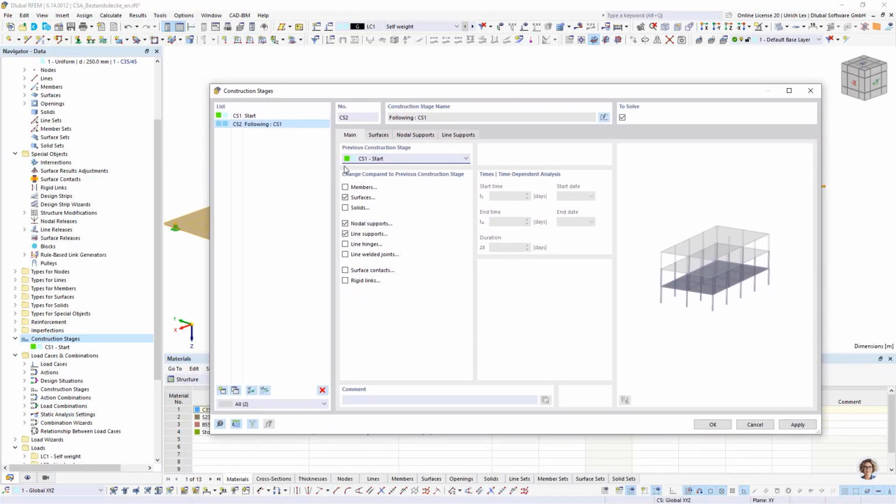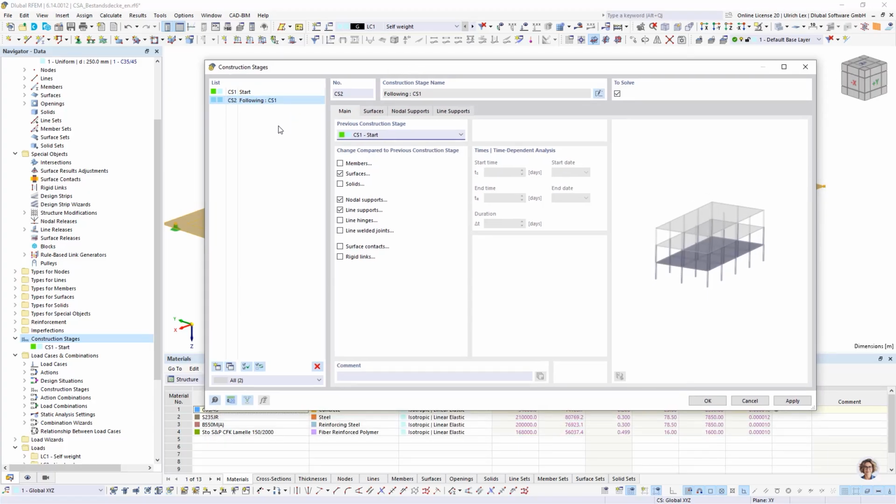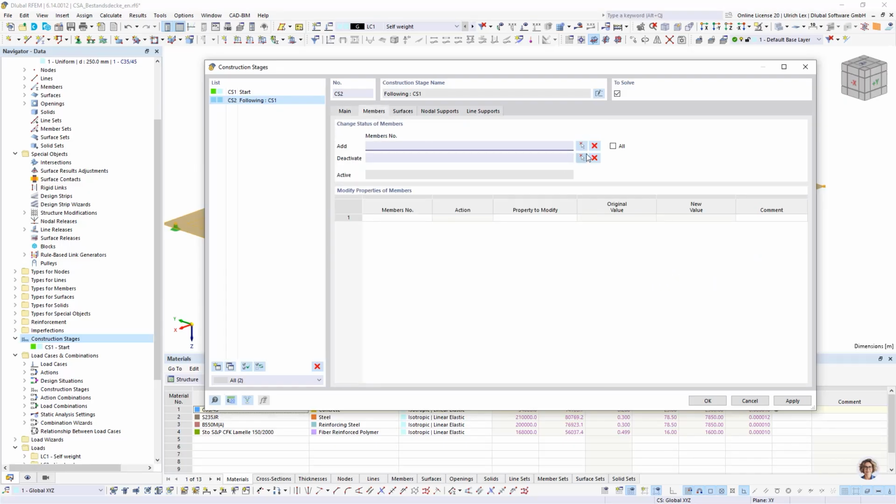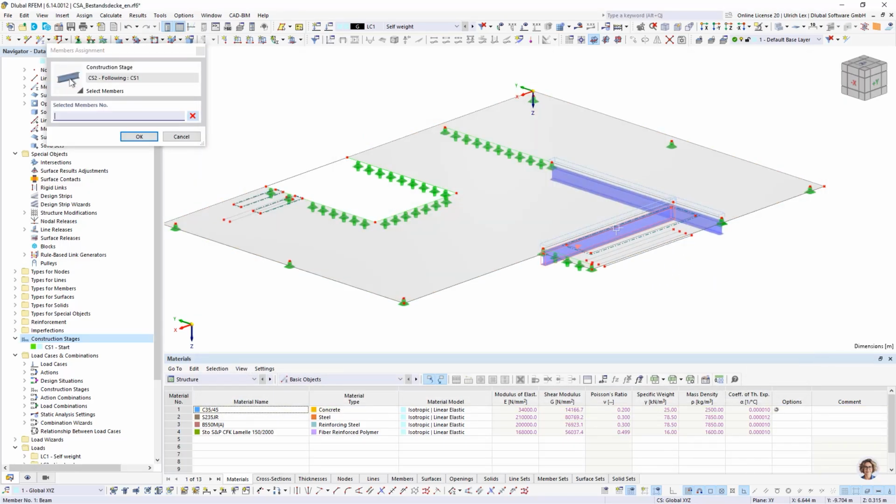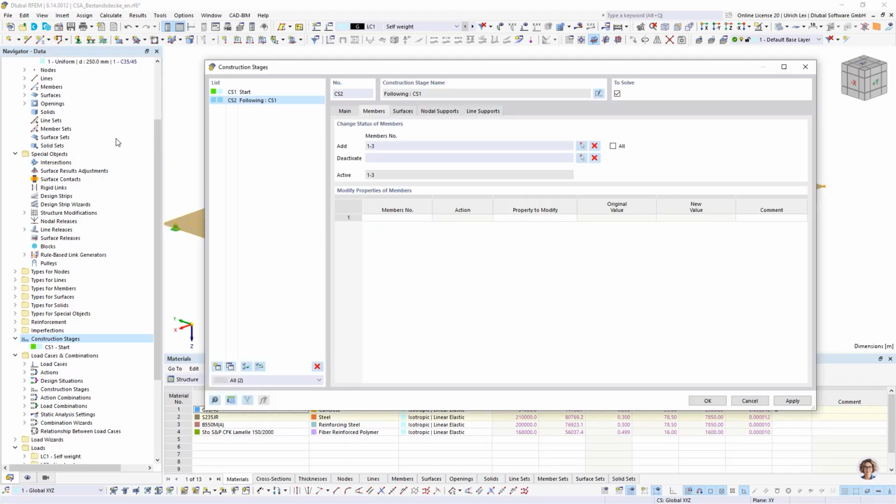And also the activated things, surfaces, nodal supports are transferred from stage 1 to stage 2. In stage 2, I can modify the system in this way. Now here additional members should be acting. I can choose 1, 2, 3.